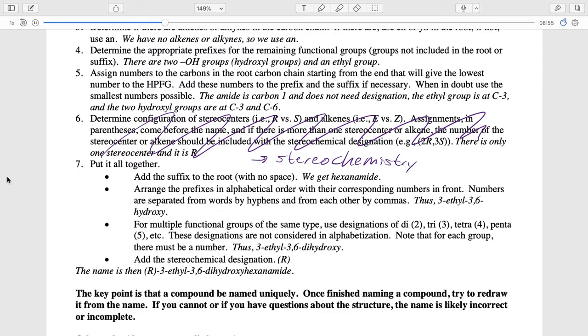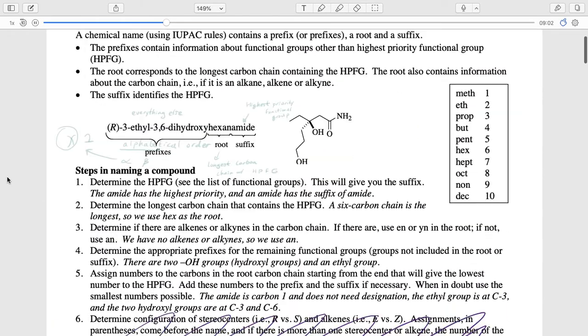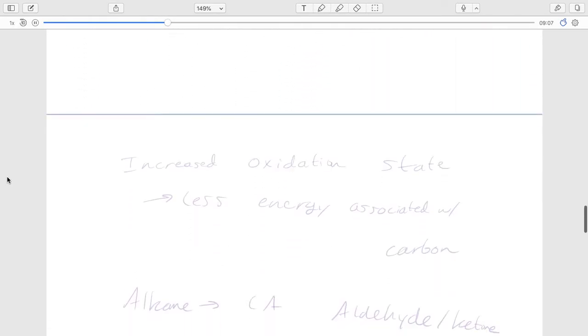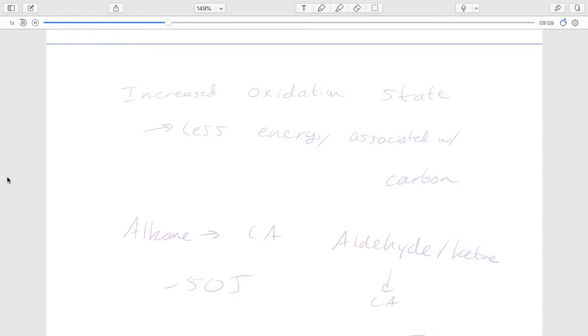And before I move further with the nomenclature rules, I should mention that with the increase in oxidation state, there is less energy associated with the carbon.